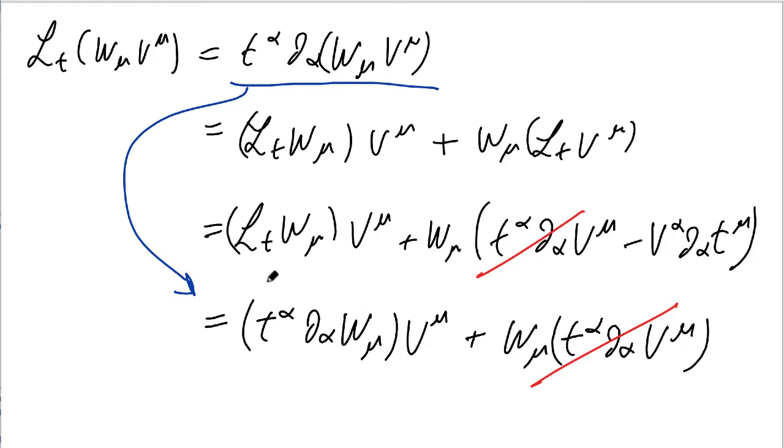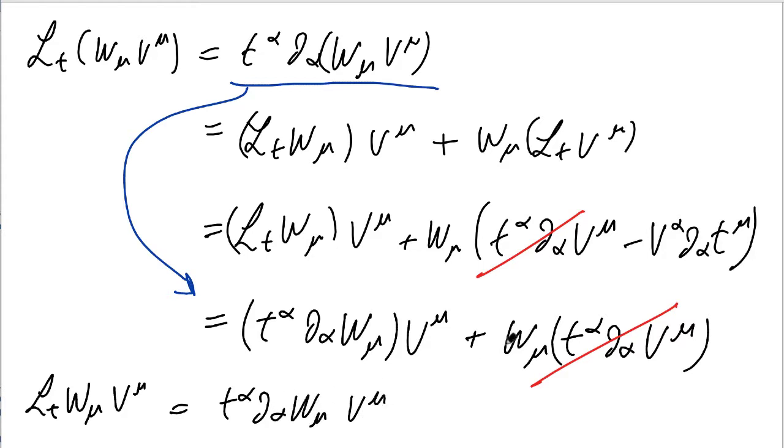What we're left with is the Lie derivative of W times V equals, first this term, t^alpha partial_alpha W_mu V^mu, and then bringing this term to the right-hand side, we have W_mu V^alpha partial_alpha t^mu.